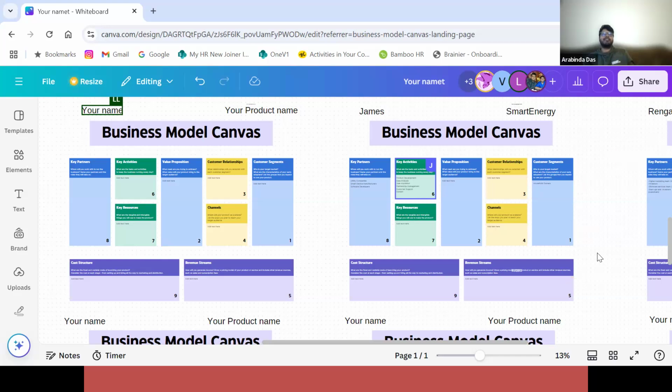The business model canvas has 9 segments, but the lean canvas has 7, which is simpler. Many things are merged together into one single segment. If you want, you can check that out after the workshop.